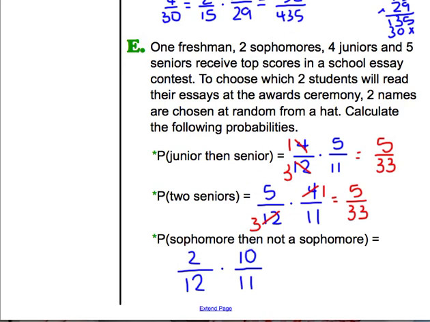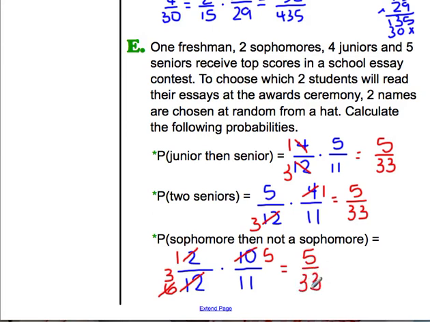So then when we go ahead to simplify, I know that 12 and 10 are both divisible by 2, which will give me 5 and 6. But I also know that 2 and 6 are divisible by 2 to give me 1 and 3. And so that will give me a 5 out of 33 chance yet again.